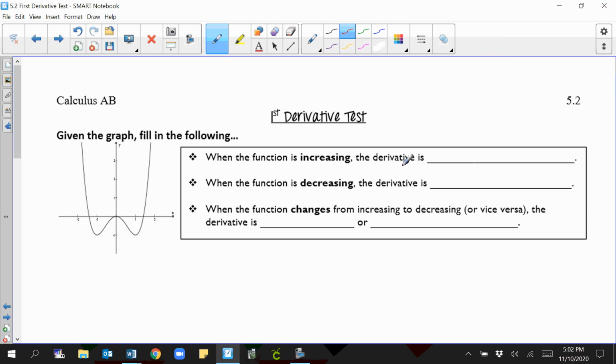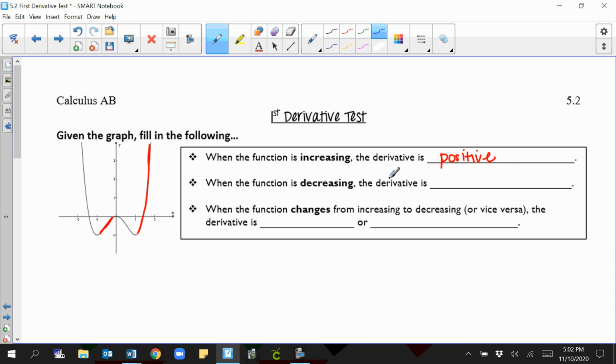Hey guys, today we're looking at section 5.2, which is going to talk about the first derivative test. So when the function is increasing, that means that our derivative is positive. This is because when our function is increasing, so it's increasing right here and over here, that's when our slope is positive, so that's when our derivative is positive.